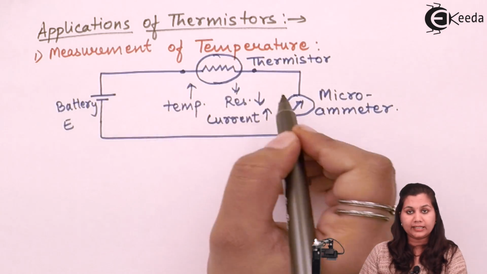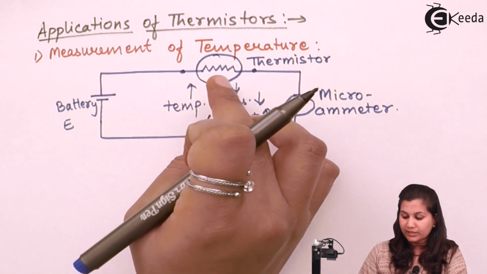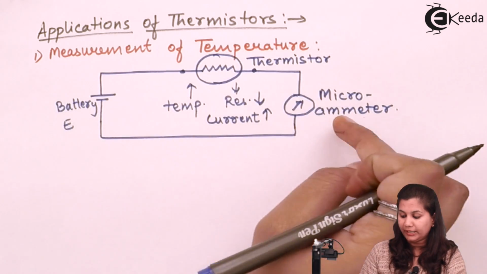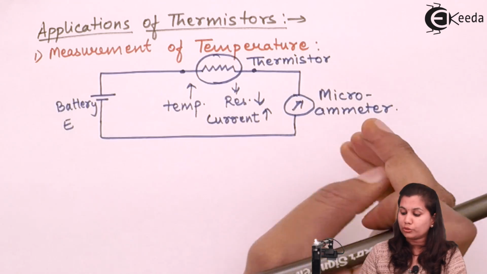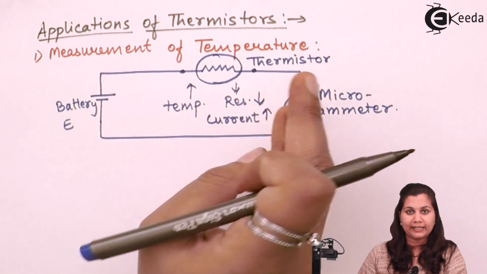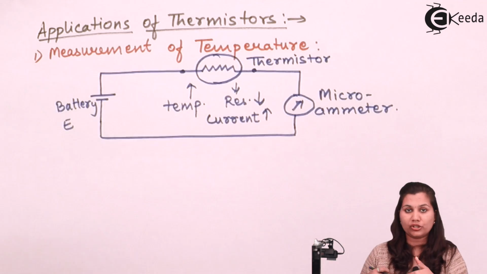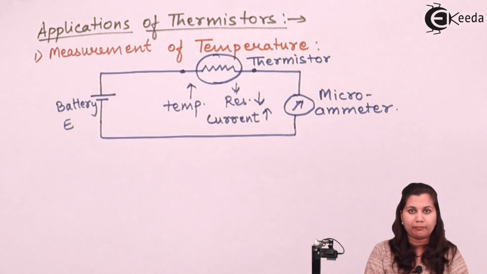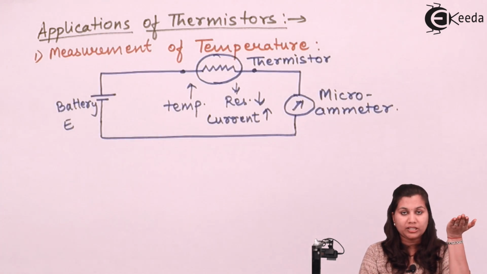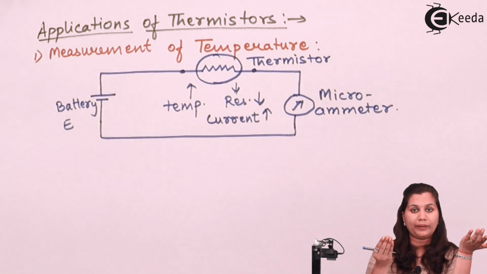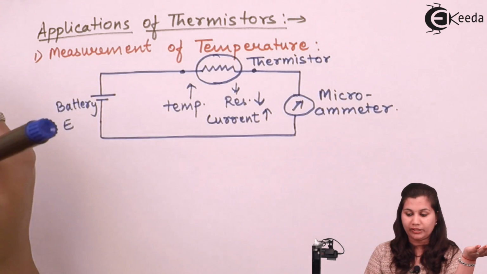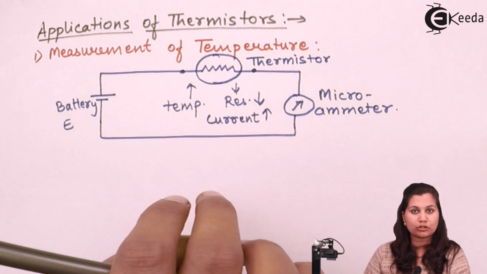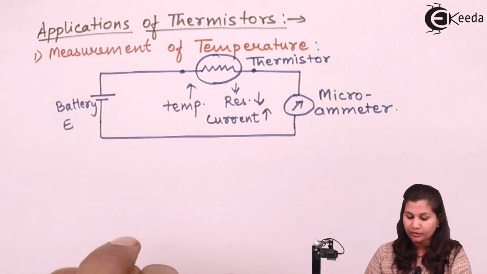This current is going to be indicated by the microammeter. So this microammeter can be directly calibrated so that the change in current directly gives us the value of the change in the temperature, because as the temperature increases, the amount of current flowing in the circuit also increases. In this way, thermistors can be used for the measurement of temperature.